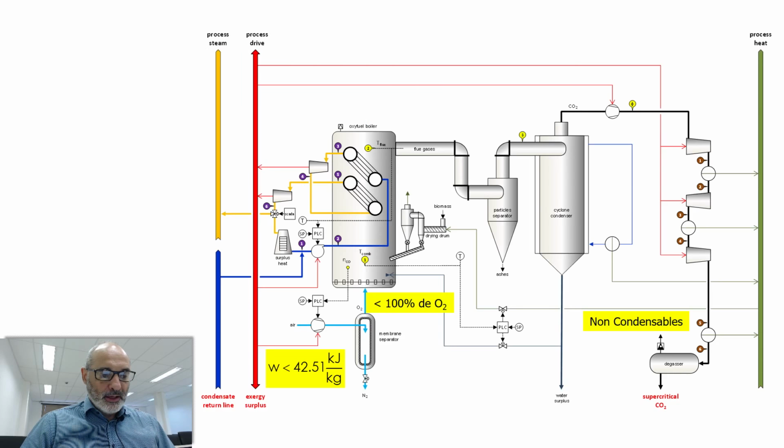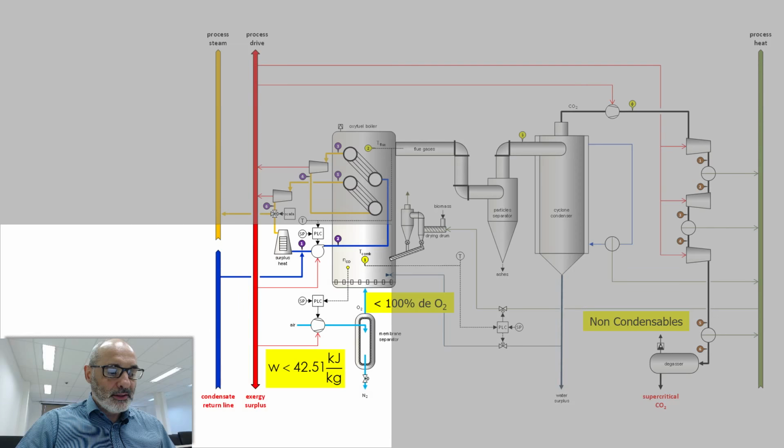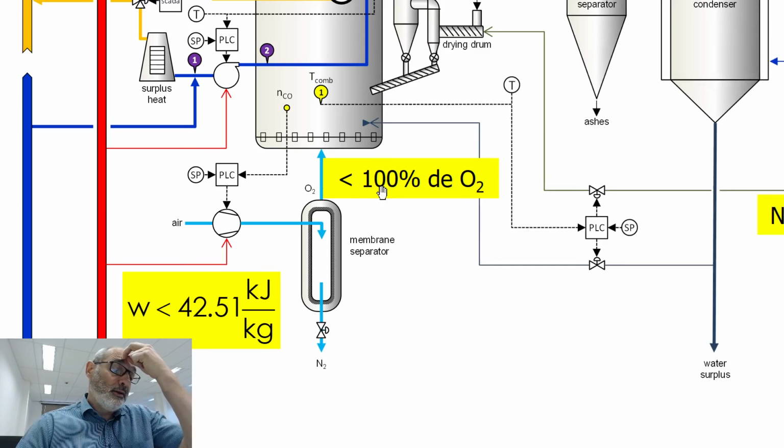So if you want 100% oxygen here, let me zoom this. If you have to have 100% oxygen here with less than the minimum, this means that you're rejecting oxygen to the atmosphere.